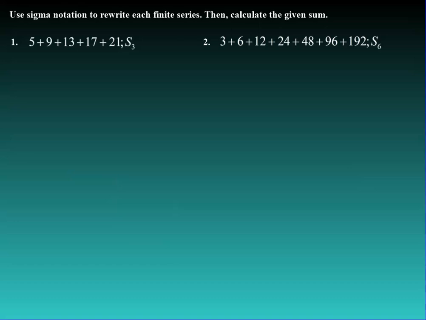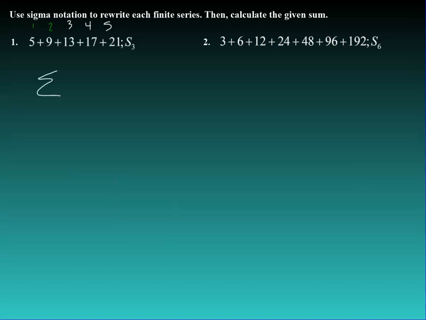Use summation notation to rewrite each finite series, then calculate the given sum. So if we look at number one, it starts at 5, ends at 21, and if we count, we have 1, 2, 3, 4, 5 terms altogether.